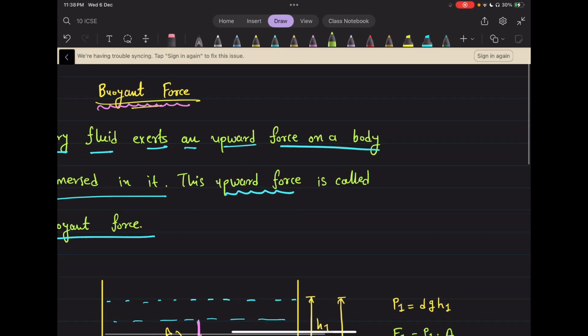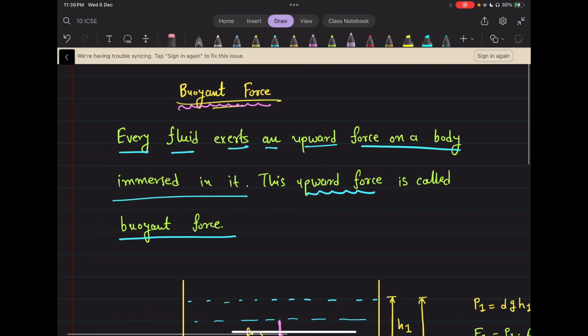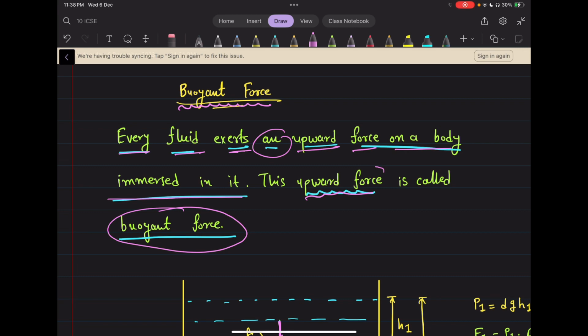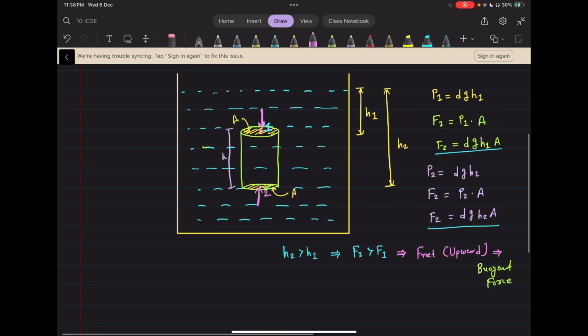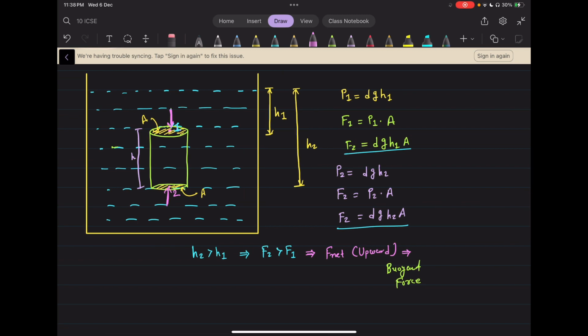Let us see the definition again: every fluid exerts an upward force on a body immersed in it, and that upward force is called buoyant force. I hope now you can easily understand the definition. The net upward force will be the buoyant force, right? That is due to the pressure difference at different heights. And we need to derive the formula of that buoyant force.